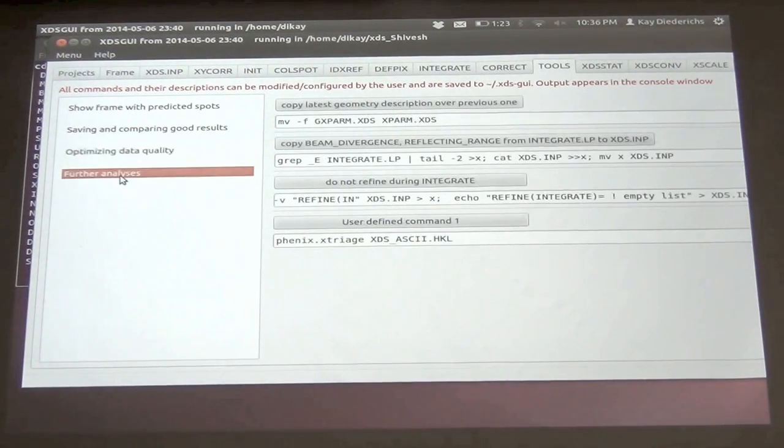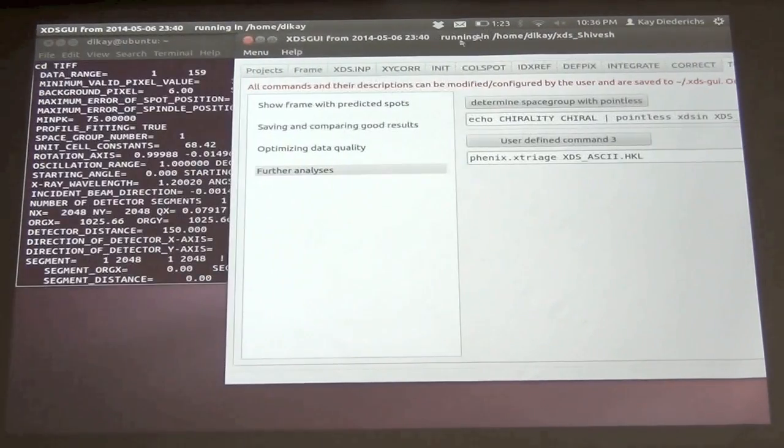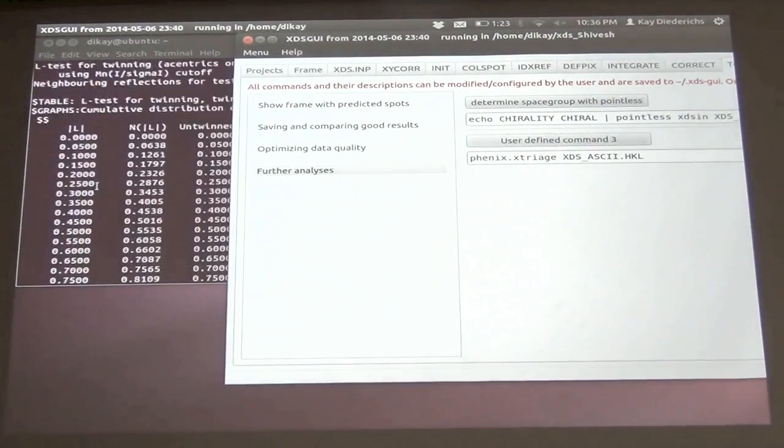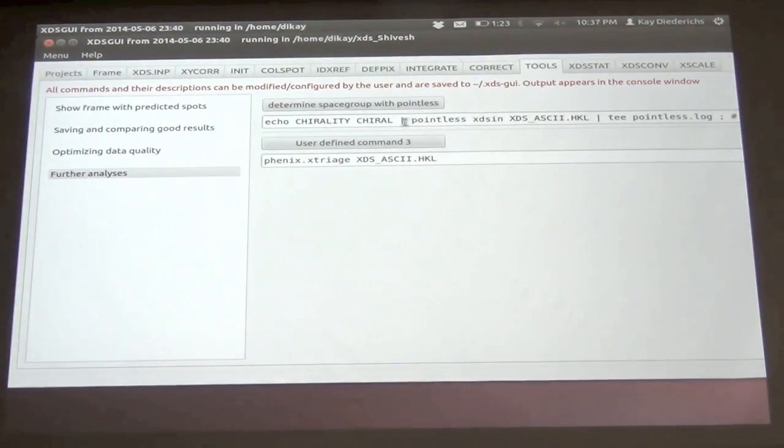We have these 4 items here. One of them, for example, for further analysis, has the bash commands down here and the button for running pointless. So now pointless runs and the output is shown here in this console. And if you like, you can change the command just by editing this line.